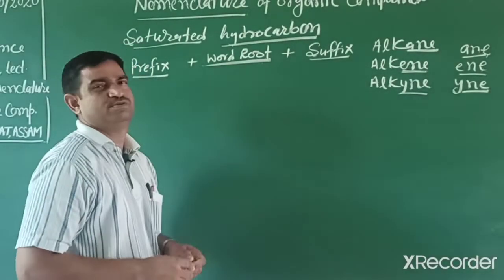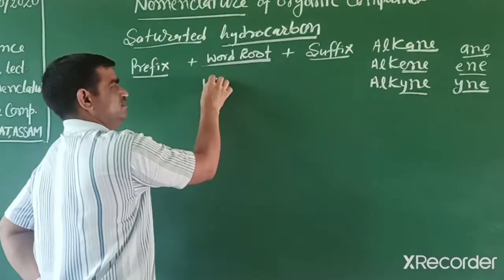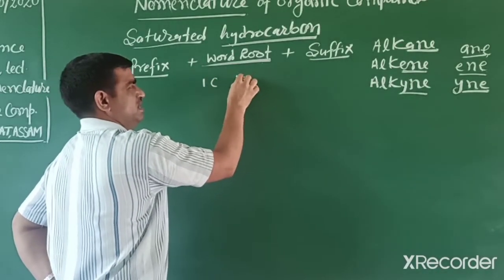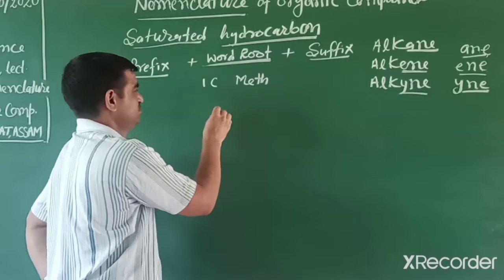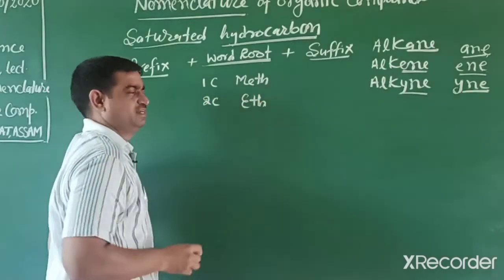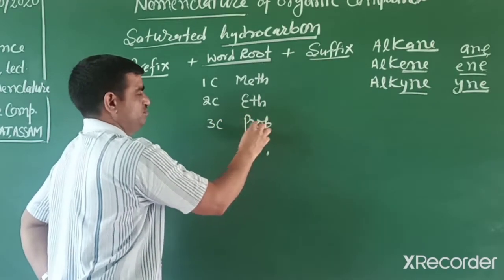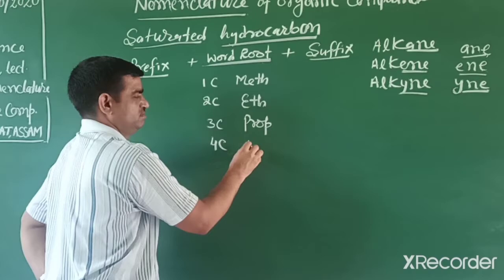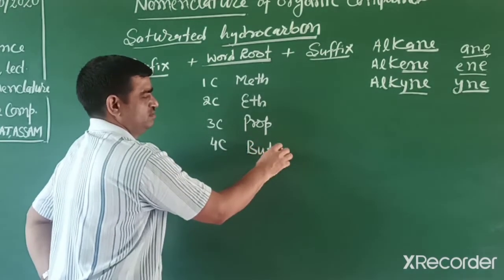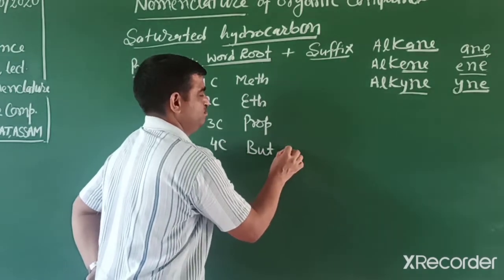And the word root, we already studied. If one carbon, then we write meth. If two carbon, then eth. Three carbon, then prop. Four carbon, but. It is not pronounced as but, it's pronounced as but.